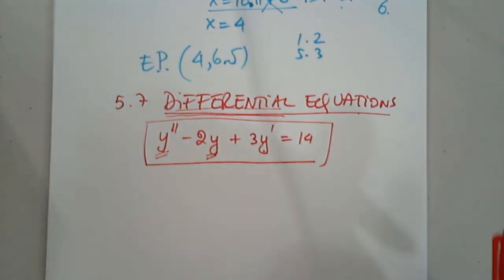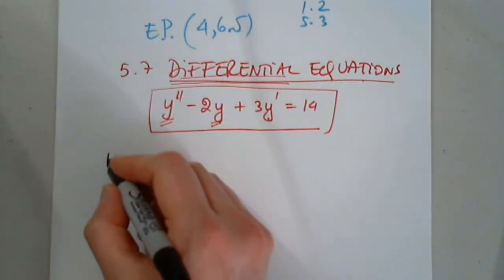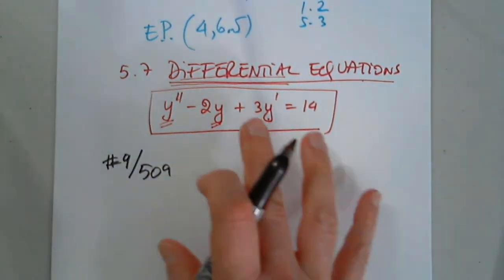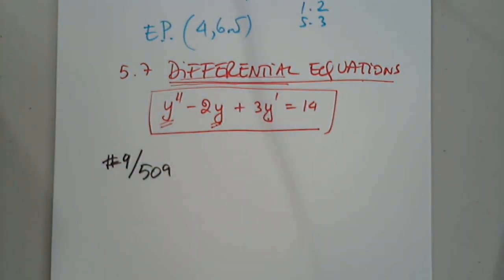There are many types of differential equations, and I would like to just start with an example on page 509, problem 9. At this point we're not solving because I don't have the time to show you how to solve, but I have an example or two.